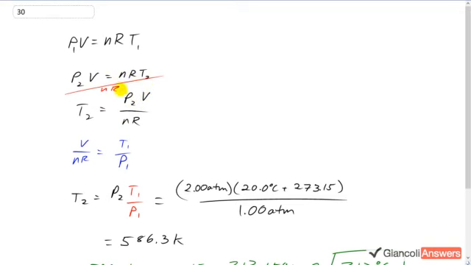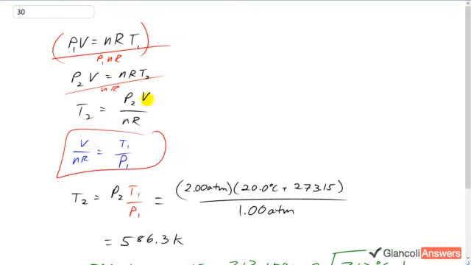And then from here, we can see that V over NR is T1 over P1. If you take this and divide both sides by P1 NR, you end up with T1 over P1, and then it also equals V over NR on the other side.